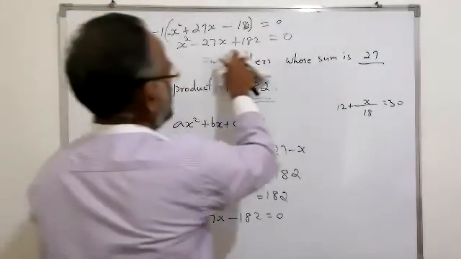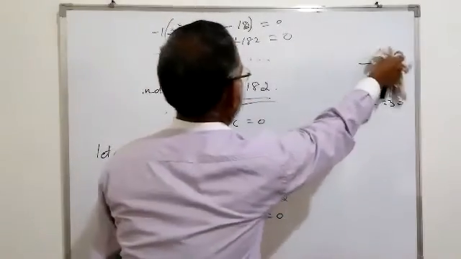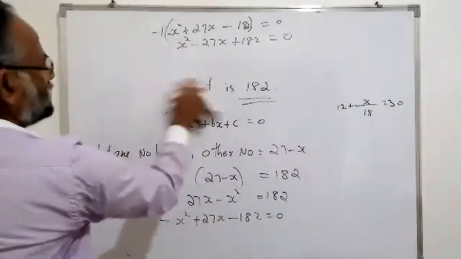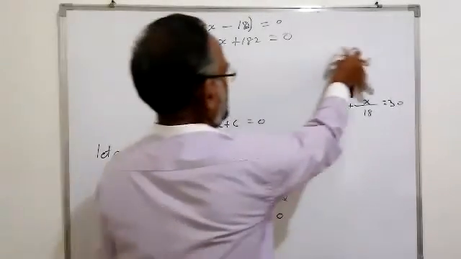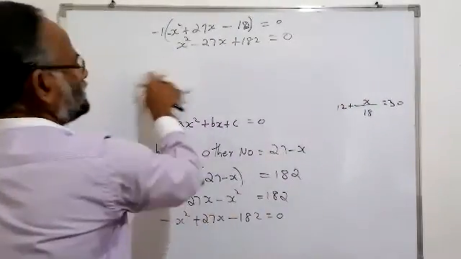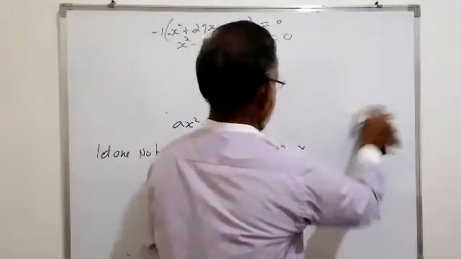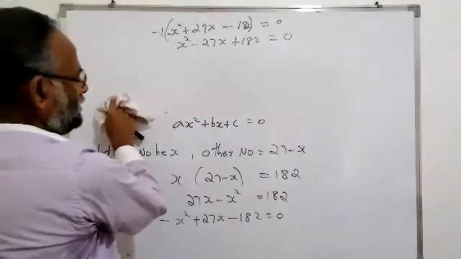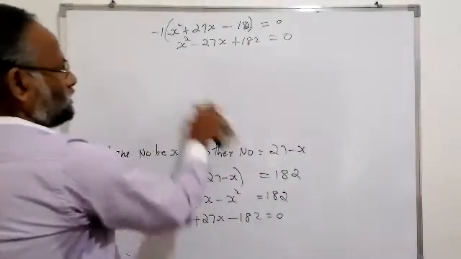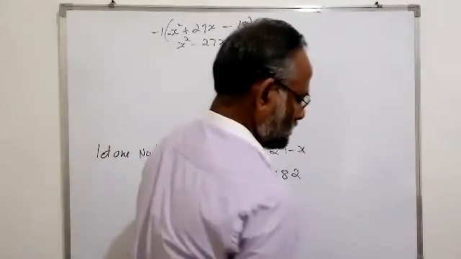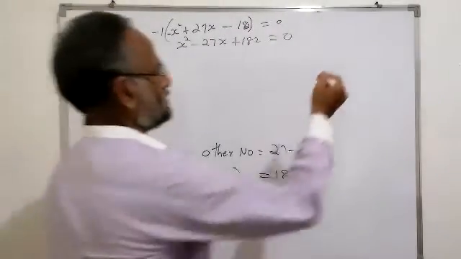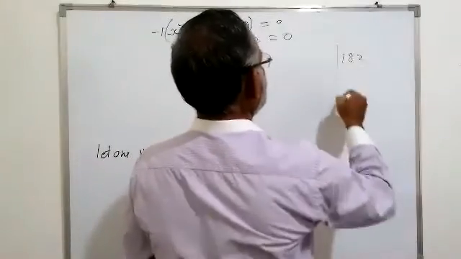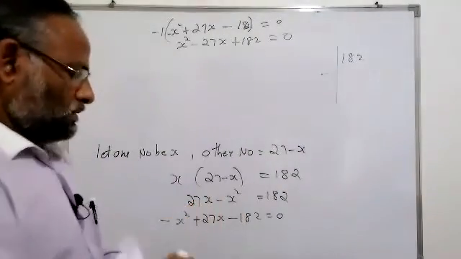x square minus 27x plus 182 is equal to 0. You got the answer? Split the middle term, 182. Factorize that.